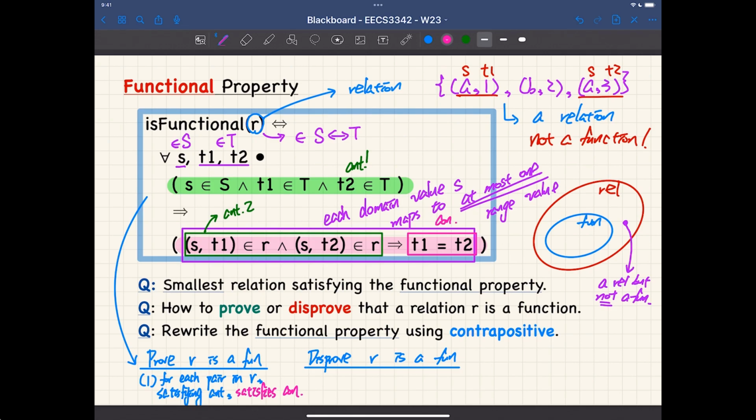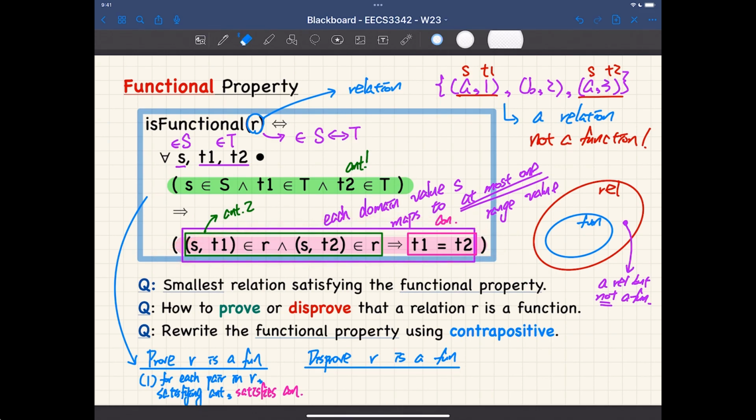All right. Let's now review this. For approach number 1, you want to make sure that for every possible pair you can find, this particular implication is actually true.